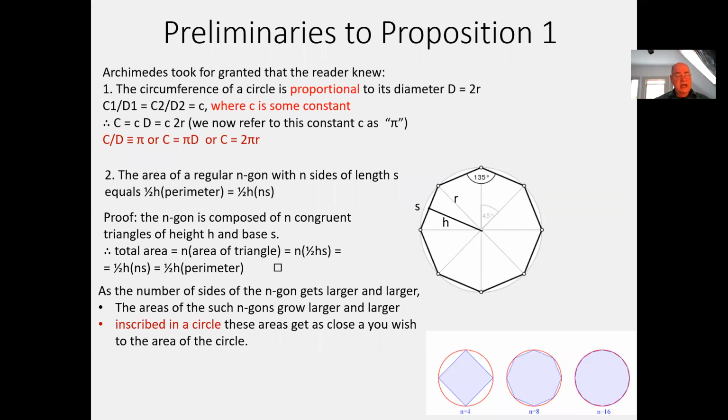Okay. This, again, is proved in Euclid in book 12. This is essentially the method of exhaustion to show this. That you can get as close to the area as you like by just picking n big enough.